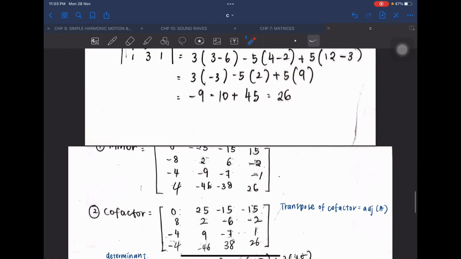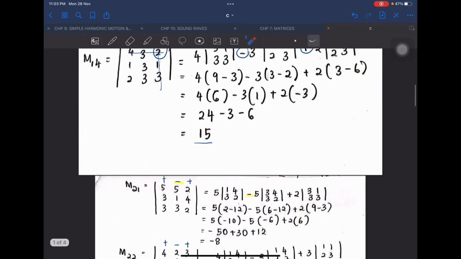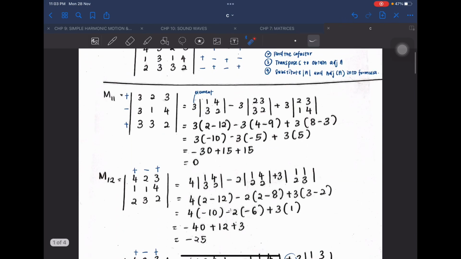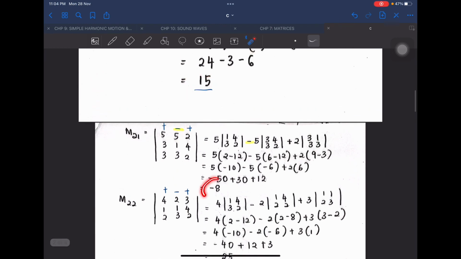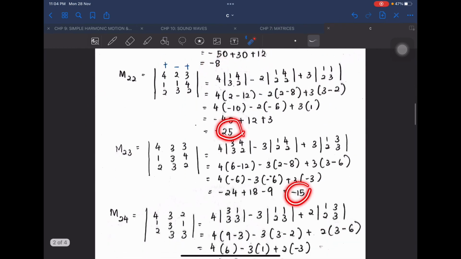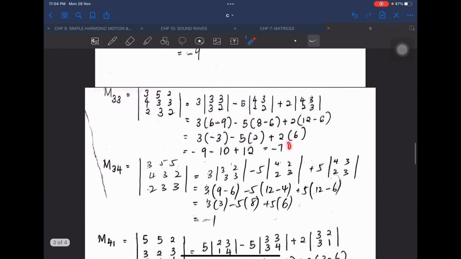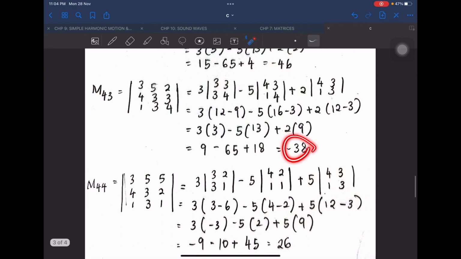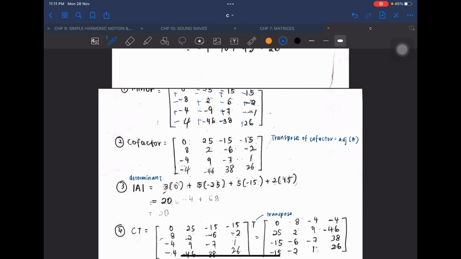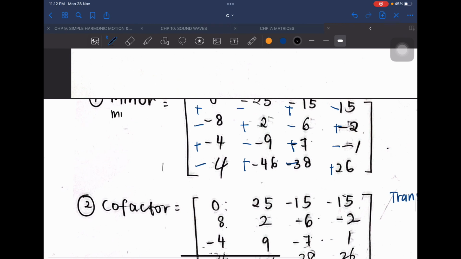So the minor, we just sub in all the values that we got from the 4 by 4 matrix. We just have to transfer all those values into here, and that is the minor.